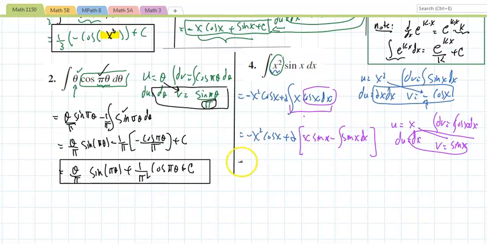And that would be a negative x squared, the cosine of x, plus twice x, the sine of x. And do you agree that the integral of sine is a negative cosine, times a negative? That will be a positive cosine of x multiplied by 2 plus c.